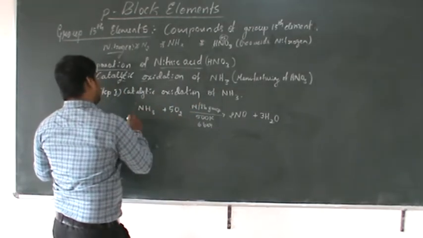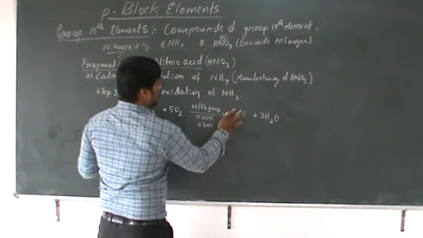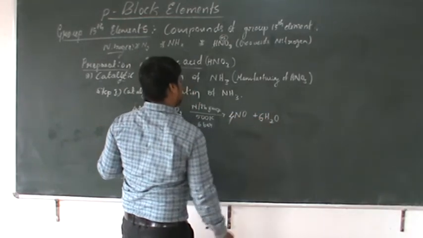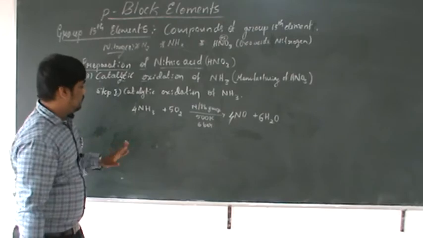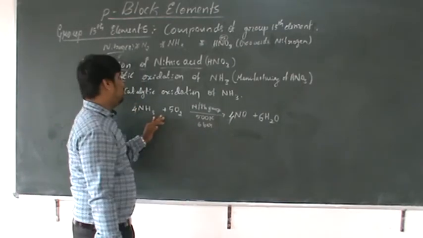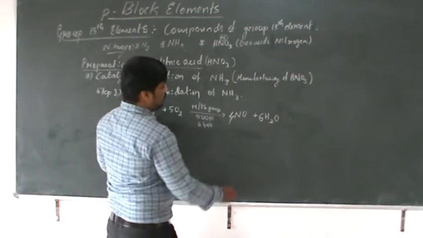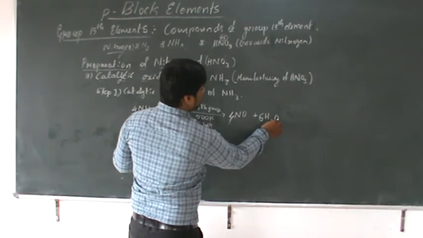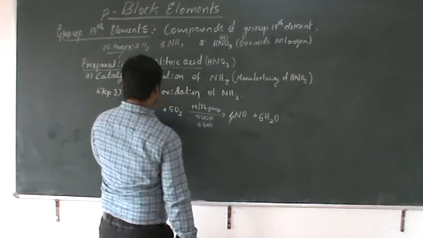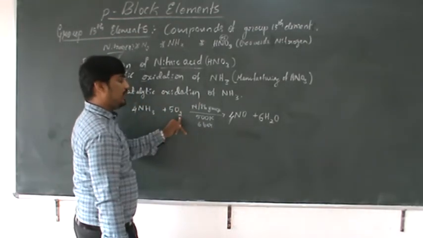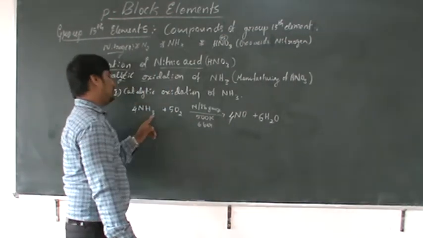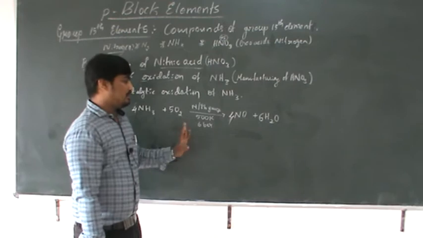Multiply by 2 for all the cases. Now 4 ammonia, 4 nitrogen monoxide, and 6 water. Okay, now it is balanced. 4 nitrogen, 4 into 3, how much? 12 hydrogen. 4 plus 6, 10 oxygen, and 6 into 2, 12 hydrogen. All the atoms are balanced.